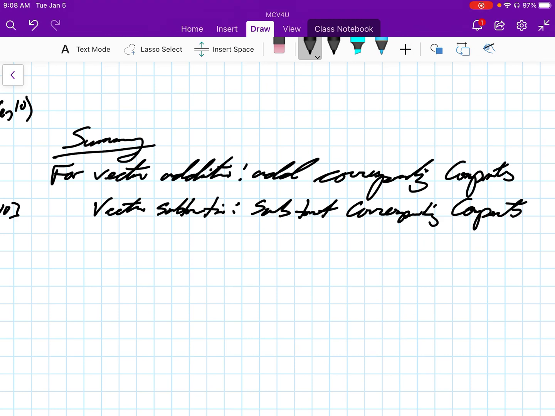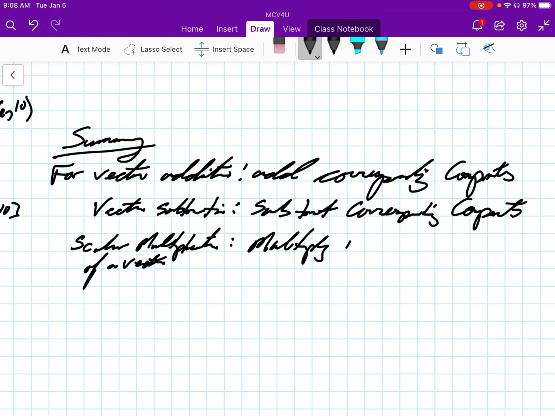And for the scalar multiplication of a vector, we multiply the scalar by the components. Okay, so that's what we've got there.